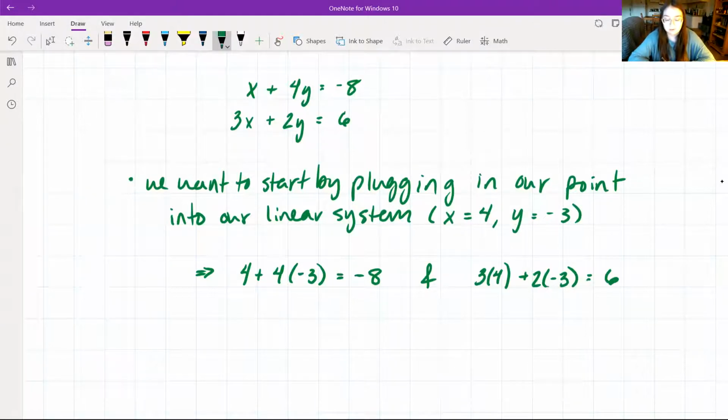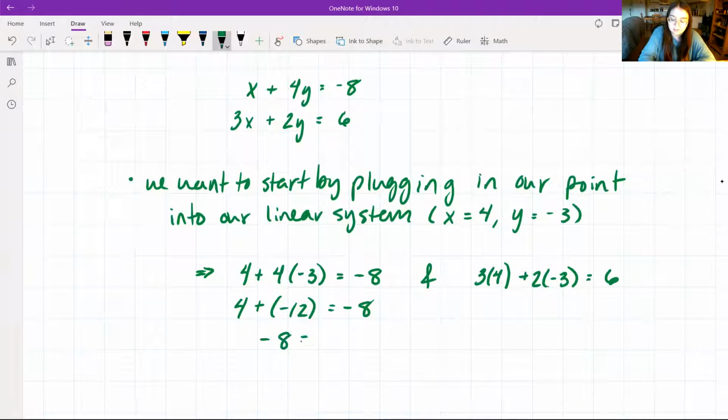So in our first statement, 4 plus 4 times negative 3 is equal to negative 8. 4 times negative 3 is negative 12. And 4 plus negative 12 is going to give us negative 8.